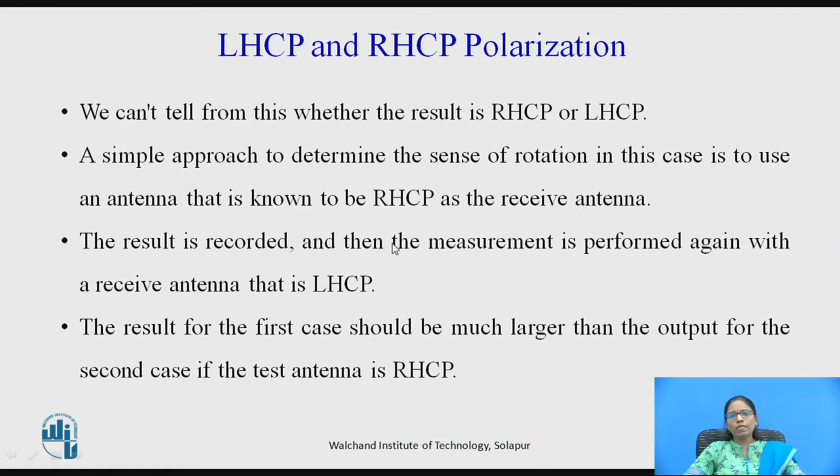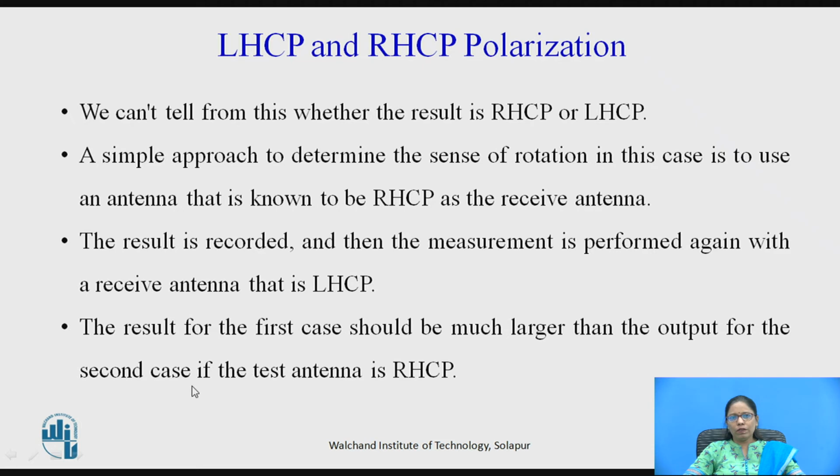For that, a simple approach is used. When the result is recorded, the measurement is performed again with a left-hand circularly polarized receiving antenna. Once I understand that my antenna is circularly polarized, I replace my receiving antenna with the left-hand circularly polarized antenna, and if my output is maximum, then I can conclude that the test antenna is left-hand circularly polarized.